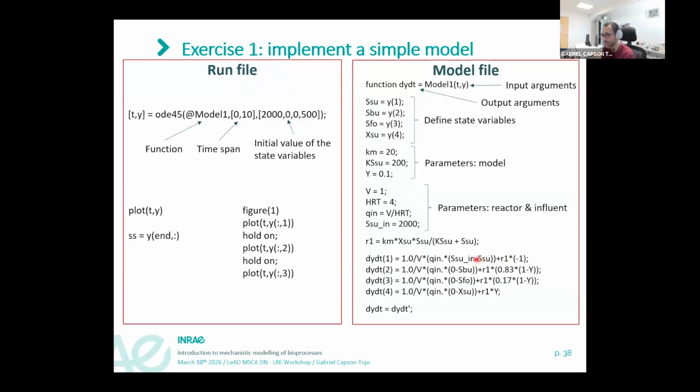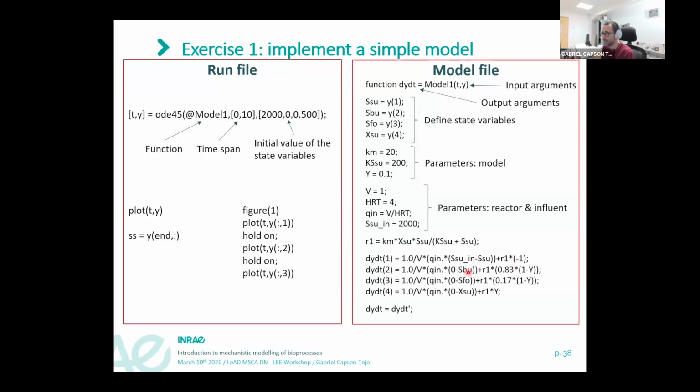And for the reaction term, the only thing we need to do is multiply the reaction rate by the stoichiometric coefficients that we had in the matrix. So in this case, it is R1 multiplied by -1 because this is the substrate, the sugars.